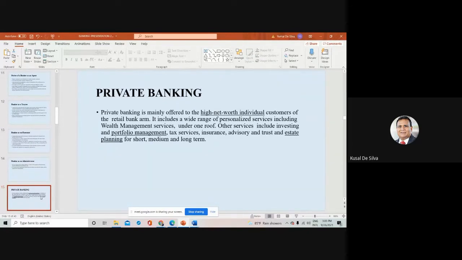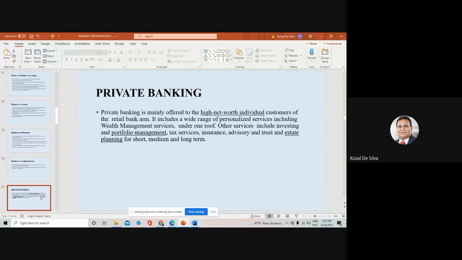These private banking units are available under different brand names with all the banks. One may say premium, one may say platinum, and some other name.